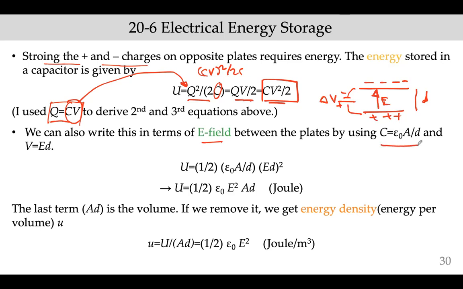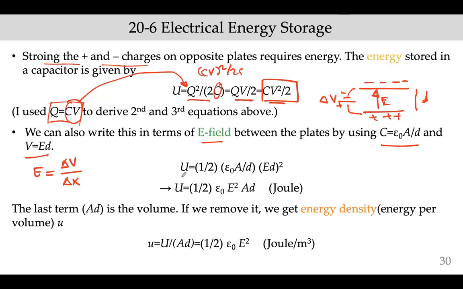We will use this formula for capacitance, and also V equals E times D. Whenever there's potential difference, there's electric field, or delta X or D, doesn't matter.